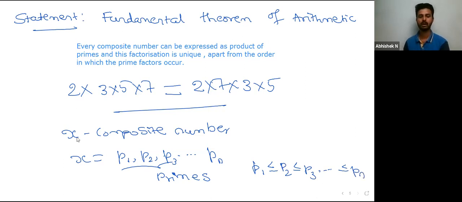So this is how composite numbers can be written. Did you guys get it?